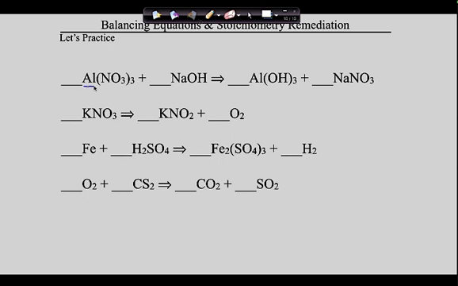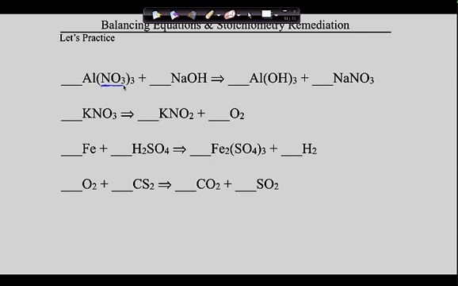So starting on the left we've got 1 aluminum, and looking on the right we've also got 1 aluminum, so the aluminums balance. You'll notice next we come to nitrogen. But we'll notice that nitrogen is actually a part of the polyatomic NO3.